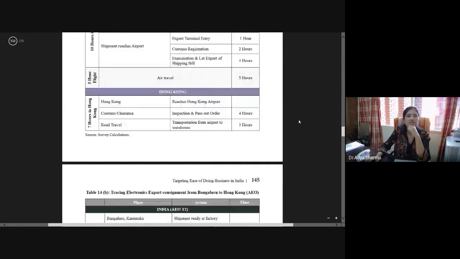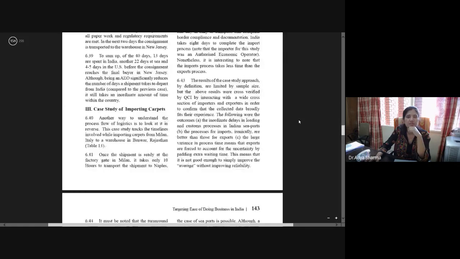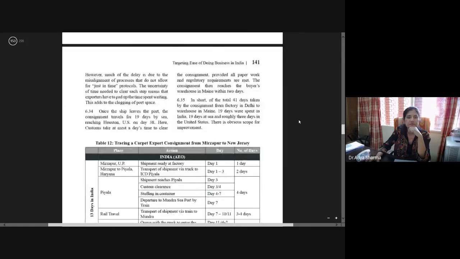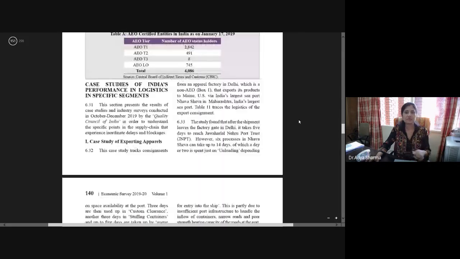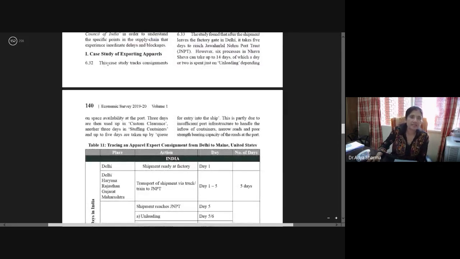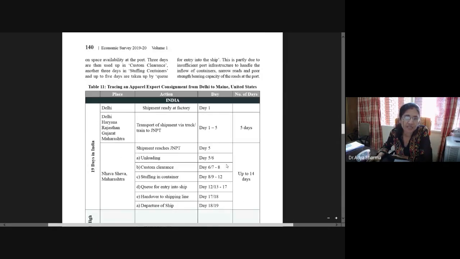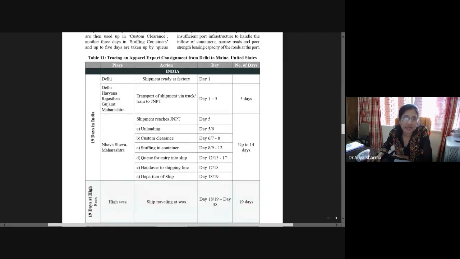Yes, these are some of the case studies which have been shared. Let's begin with the first one. Look at this case study of exporting apparel, tracing an apparel export consignment from Delhi to the United States. It started from Delhi, shipment ready at the factory, day 1.